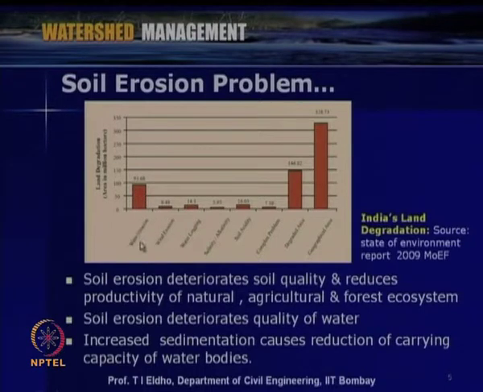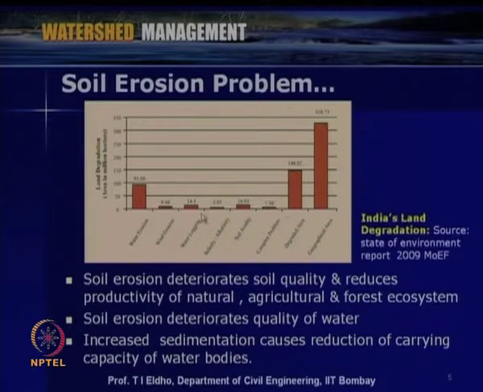You can see that the water erosion problem is there for about 94 million hectares, wind erosion affects about 10 million hectares, water logging about 14 million hectares, salinity 5.95 million hectares, soil acidity about 16 million hectares, and then many other complex problems of land degradation. So, the degraded area is about 146.8 million hectares.